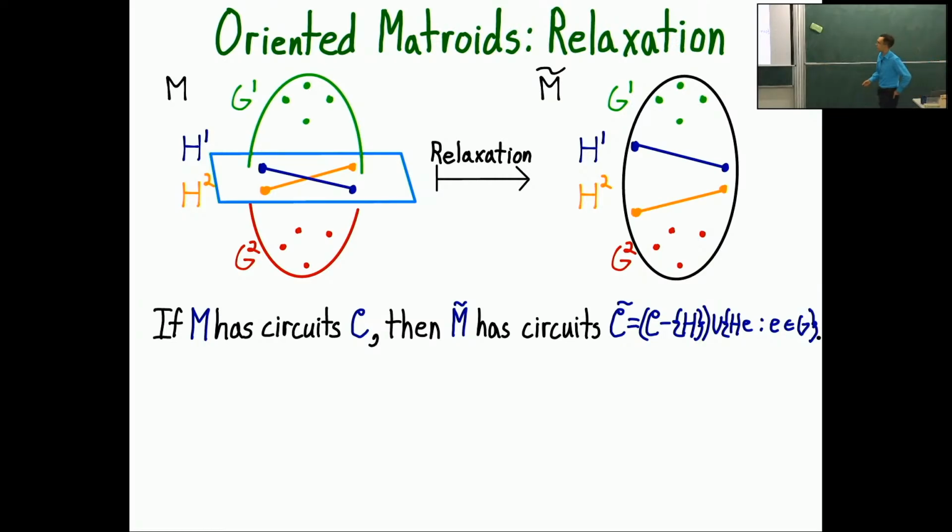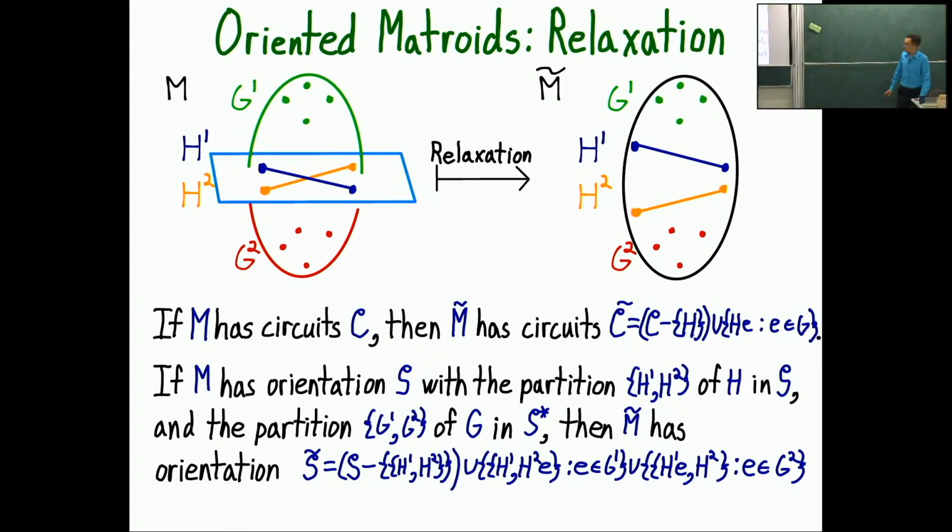If H has this bipartition such that the convex hulls of both parts have a common intersection point, and this hyperplane splits all the elements into these two sides, what I'm going to do is think of what happens if I infinitesimally move H1 up and H2 down. So I don't want to change any other dependencies or any other geometric structure besides what happens if I do this.